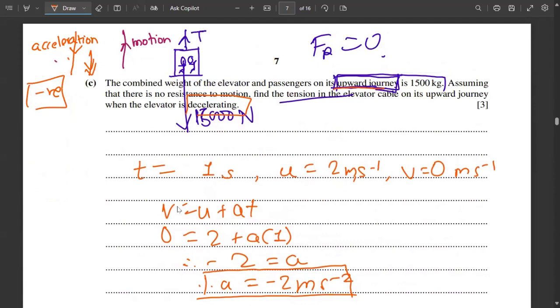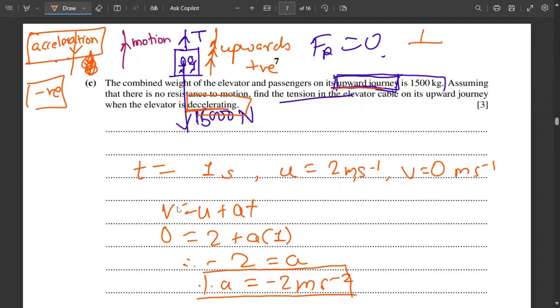Now, let me repeat what we are considering. We are considering downwards to be positive. My bad. We are considering upwards to be positive. Why? Because the acceleration is downwards, that is, decelerating. The elevator is decelerating.